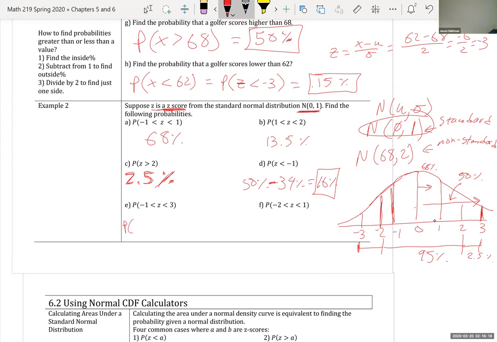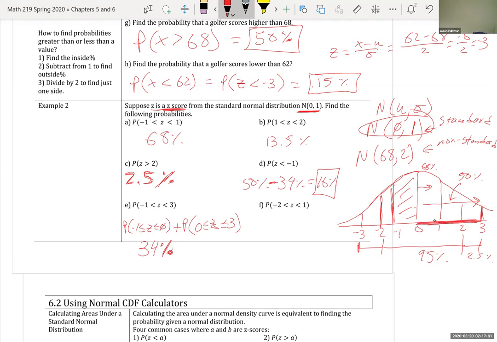The probability of going from -1 to 0 plus the probability of going from 0 to 3 should be the same as the probability of going from -1 to 3. We just saw going from 0 to -1 was 34%. That's the easy part. Then what is the probability of going from 0 to 3?